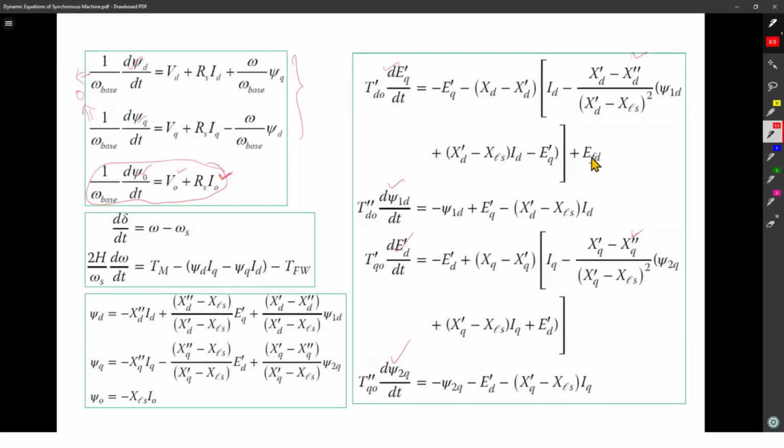Here psi 1D will become zero, and your EFD will become EQ dash, and the other term is ID into XD minus XD dash. Okay.